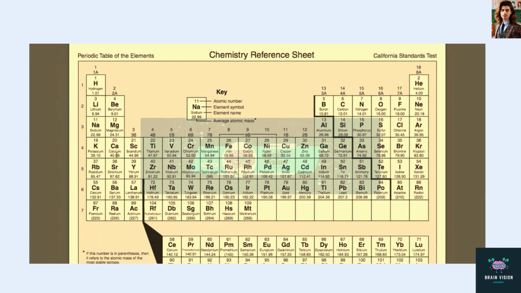However, because the 4s and the 3d energy levels are very, very close in energy, an electron is going to be pulled out of the 4s orbital and placed into the 3d orbital.